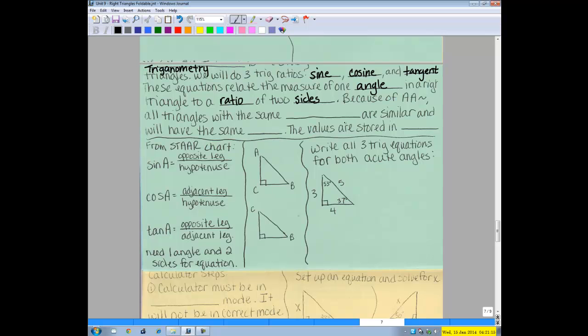Because of angle-angle similarity, all triangles with the same angle measure are similar and will have the same ratios.